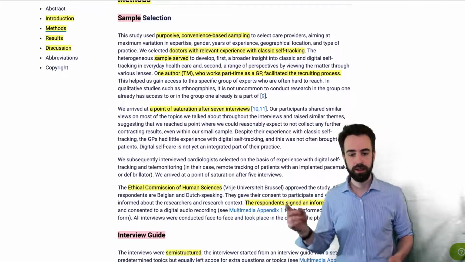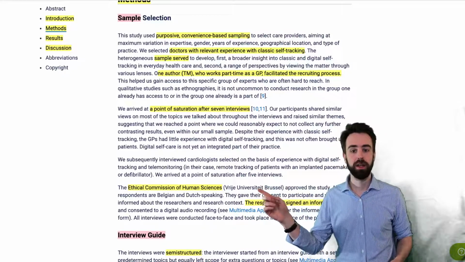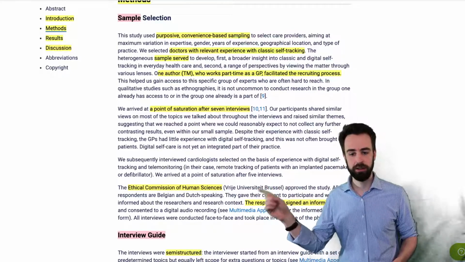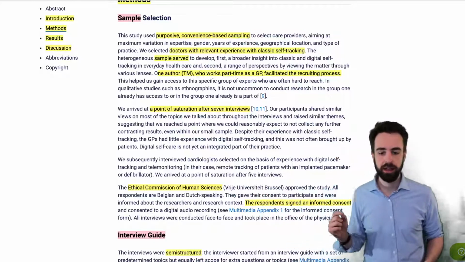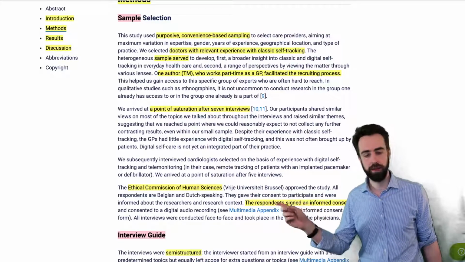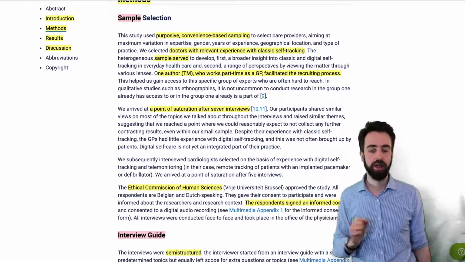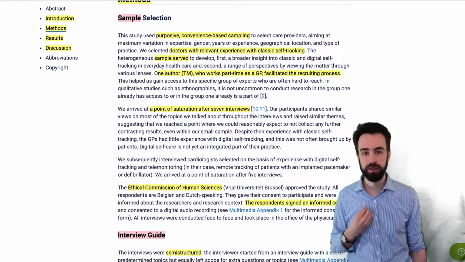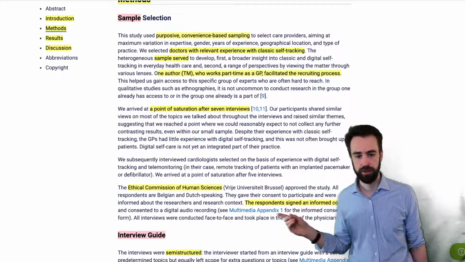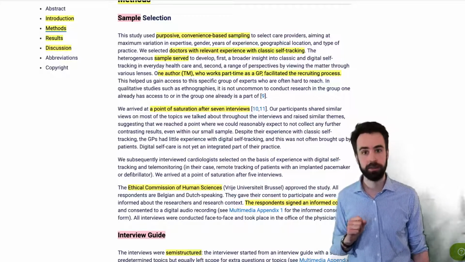In this case, the study was reviewed by the Institutional Review Board from the Free University of Brussels. And you can also see that the authors here asked all participants to sign an informed consent form. This consent form is added in the appendix.